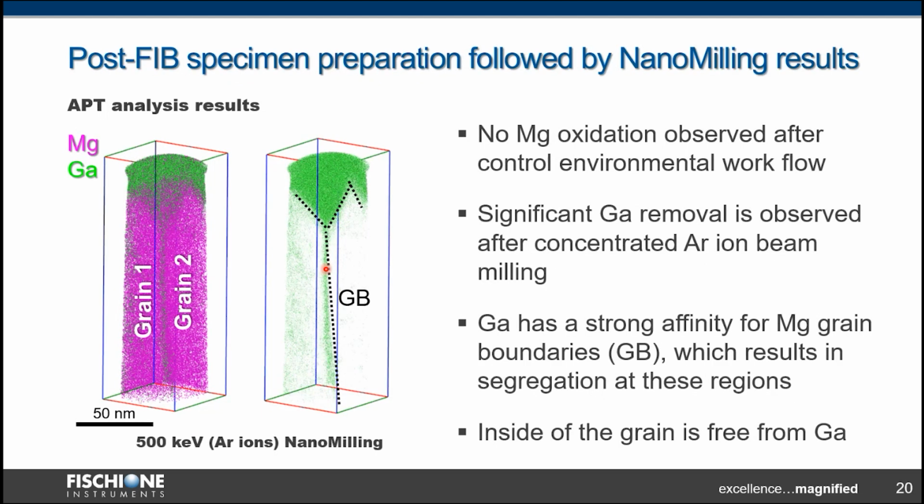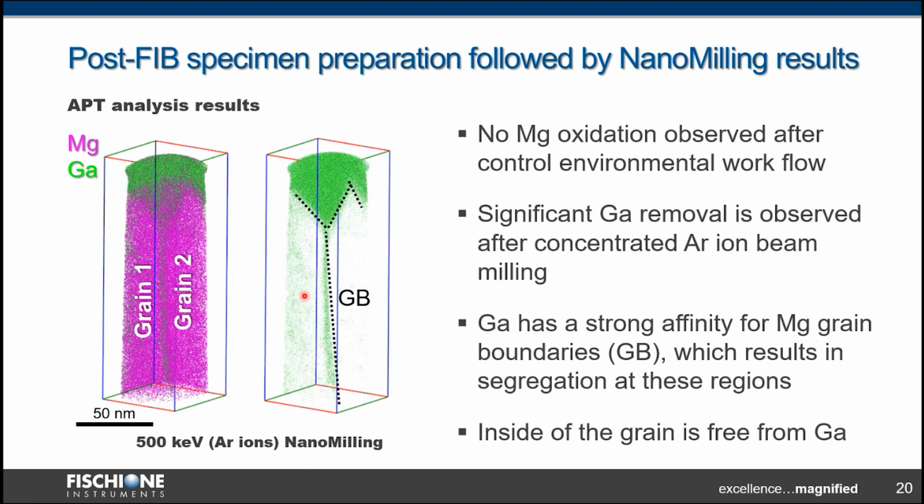So now let's look at APT sample preparation with NanoMill. Same as previously, we do not see magnesium oxidation after the controlled environmental workflow. However, when the NanoMill is integrated in the workflow, we observe significant gallium removal, as you can see here.